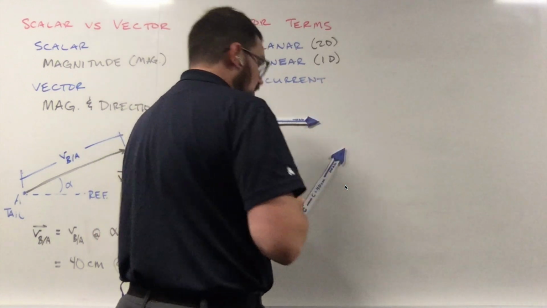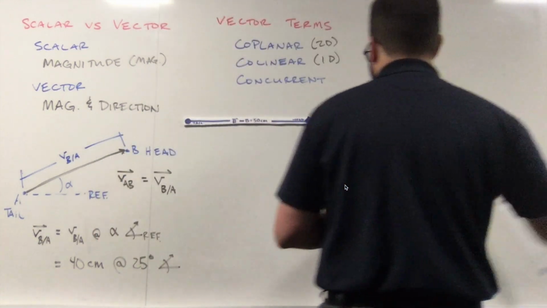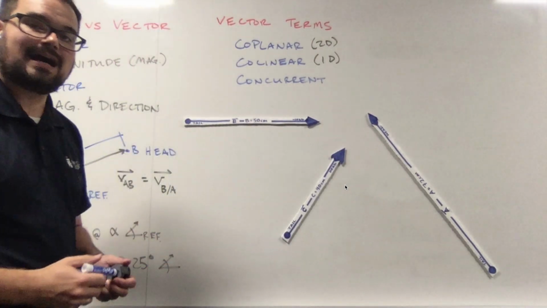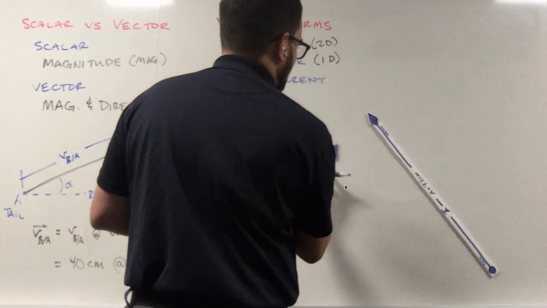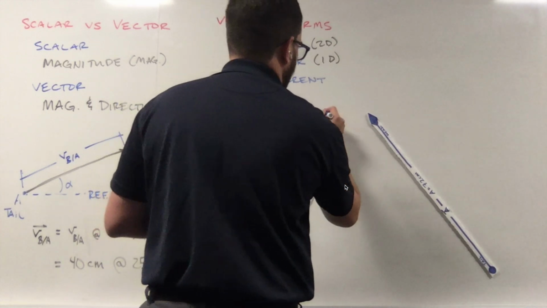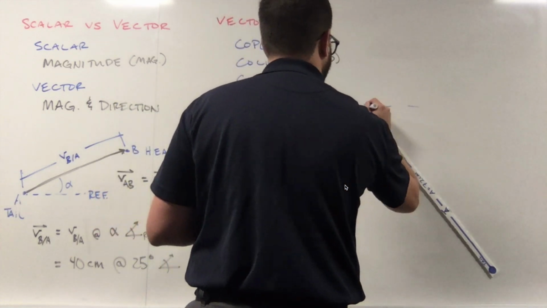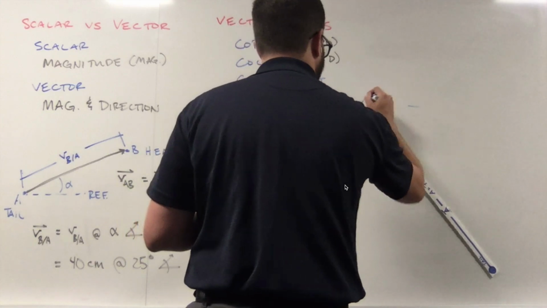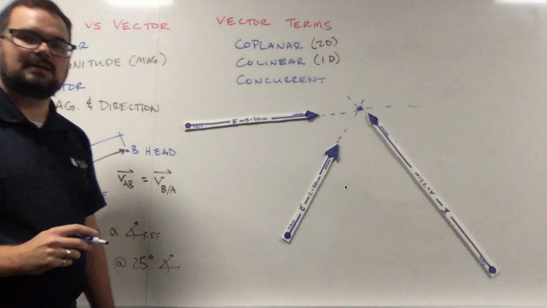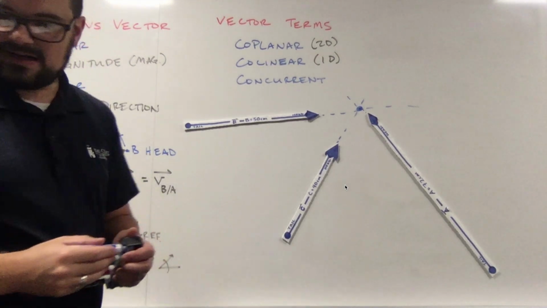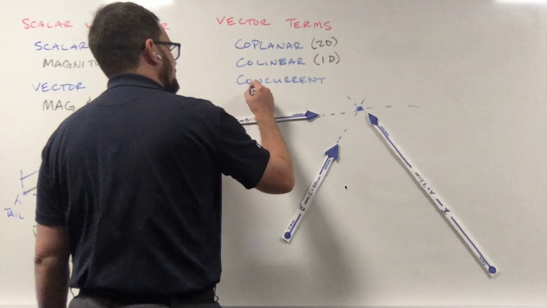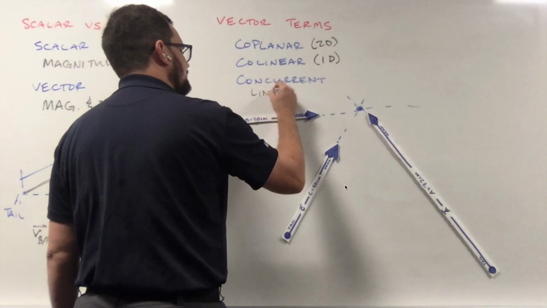And if our vectors are concurrent, they're all going to have lines of action that pass through a common point. So if we modify this just a little bit, and we extend our vectors along their lines of action, we notice that they have a single intercept point, which would make this a concurrent vector system. So lines of action through a common point. That's important enough, we're going to write it down.